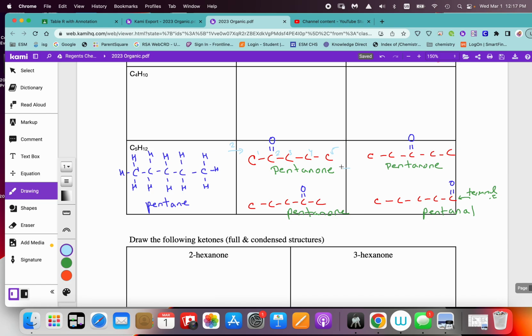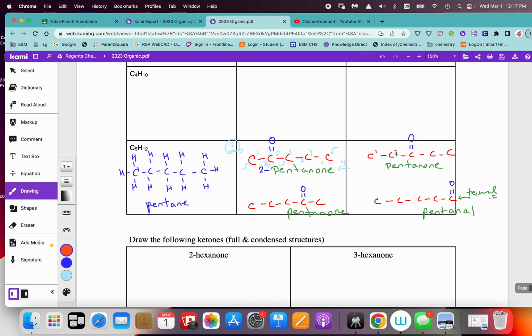When I come back the other way and I renumber, 1, 2, 3, 4, 5, right back to the left, it's on 4. So I would choose the lower one. So this would be called 2-pentanone.